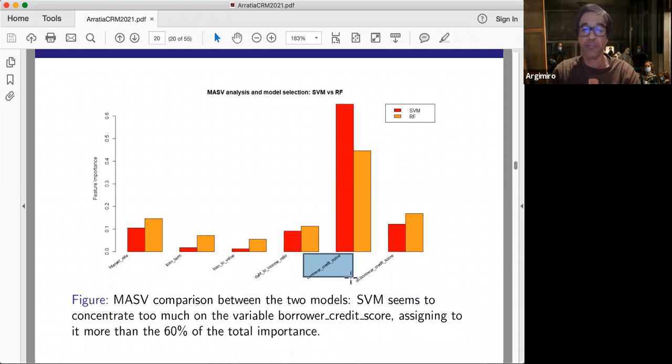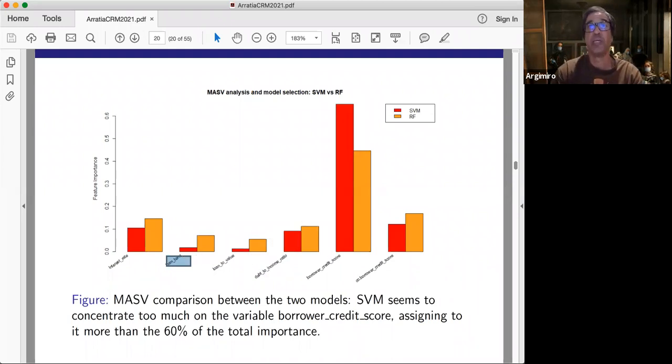With this setup, you see that the support vector machine gives too much importance to the borrower credit score, and too little, say, to the value of the loans that the borrower has, or his debt, and the loan term, and so on.